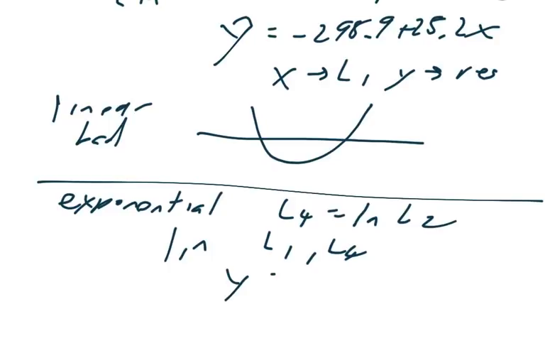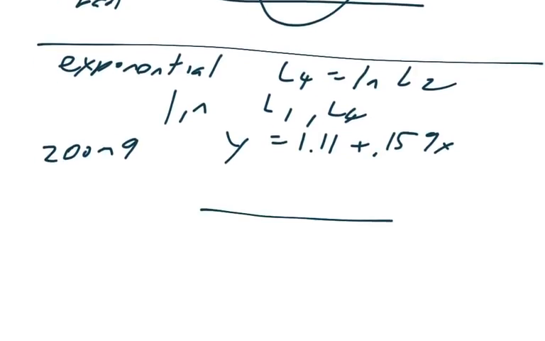And it says y equals 1.11 plus 0.159x. And I can just hit zoom 9 again because my residual graph is already set up. So zoom 9 it is, and we see a definite frown. Bad.